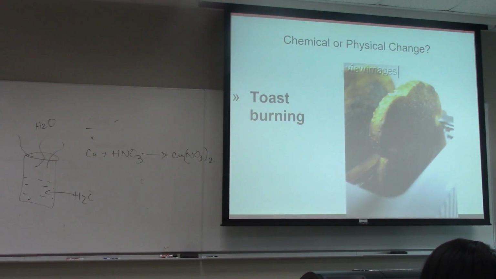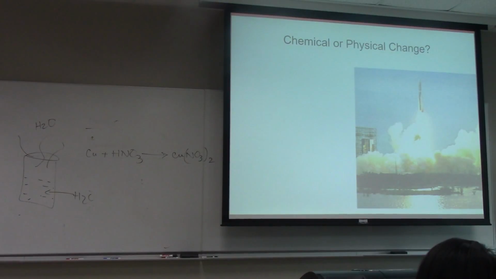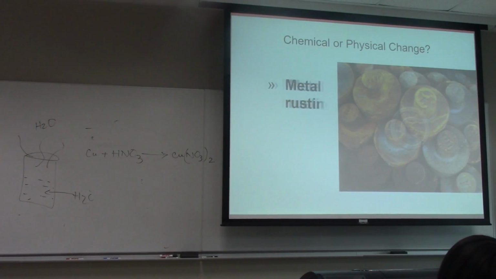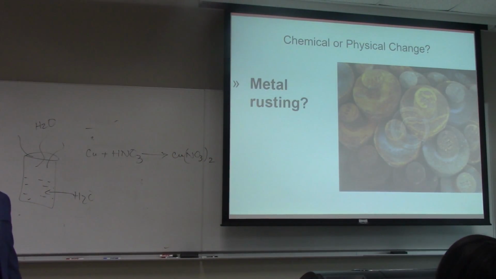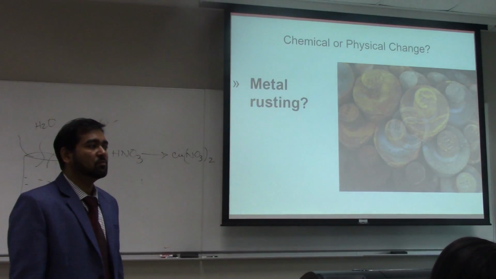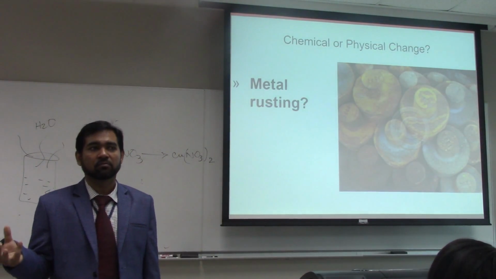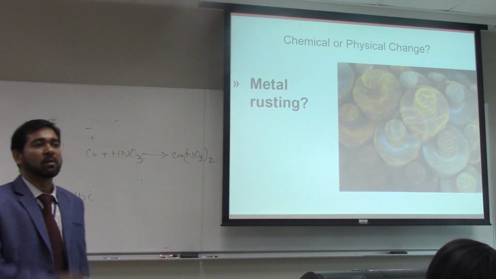So you're toasting or burning? Chemical, right? Chemical. Physical. And rusting. Because a completely new product is forming, rusting, metal reacting with oxygen. So a new product is formed which cannot go back to the metal.